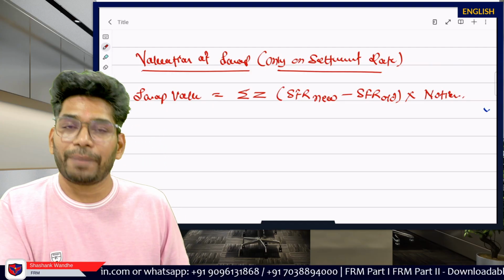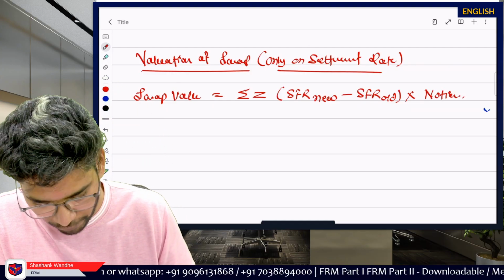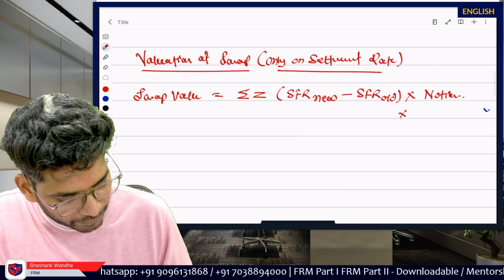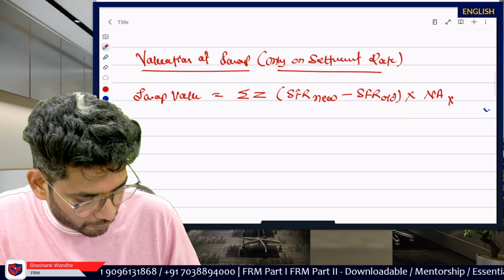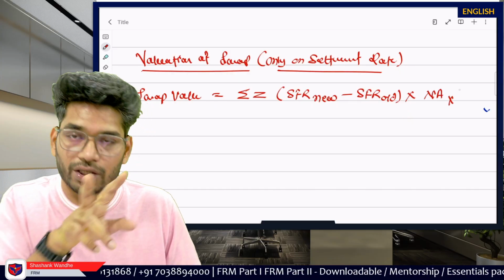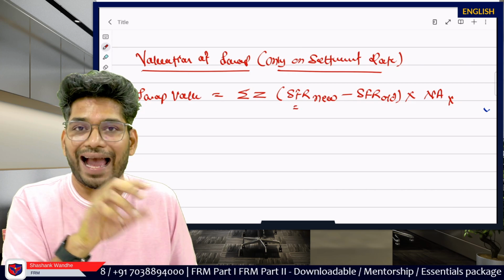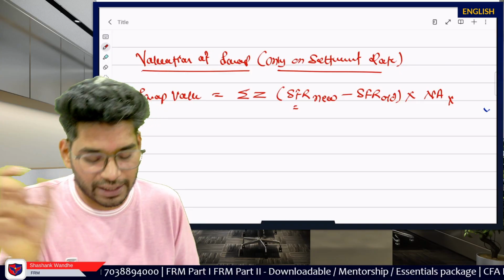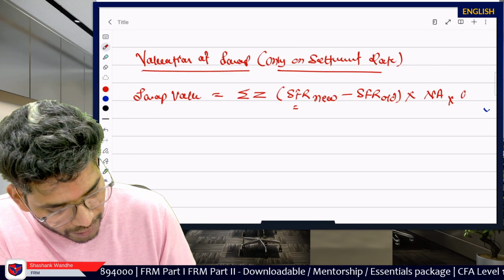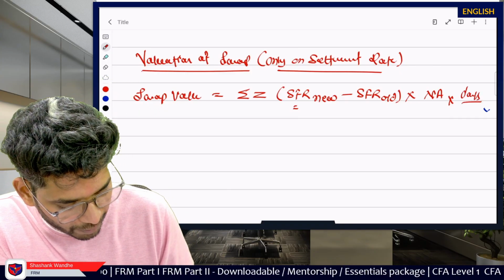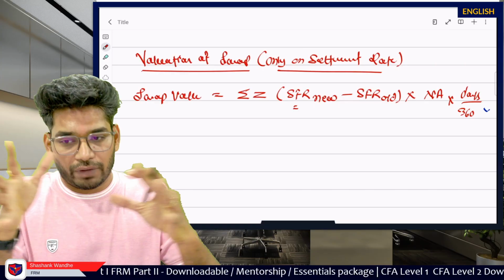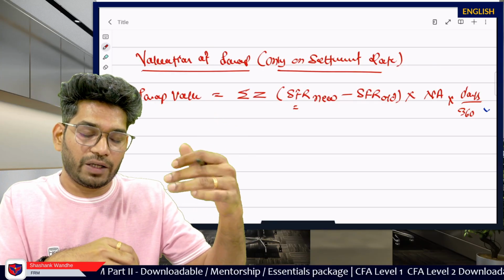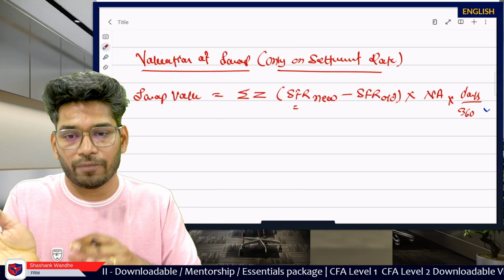If you are using the periodic situation, then you have to multiply it by the days divided by 360, because SFR is the annual rate converted from the periodic rate. For example, for a semi-annual swap, we multiply by 180 divided by 360 to get the valuation.